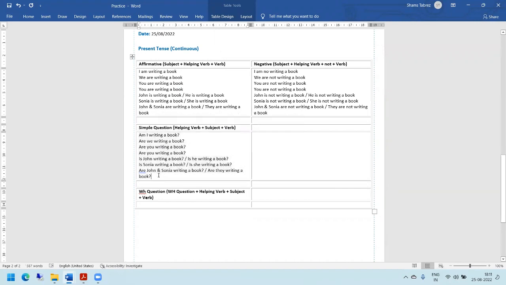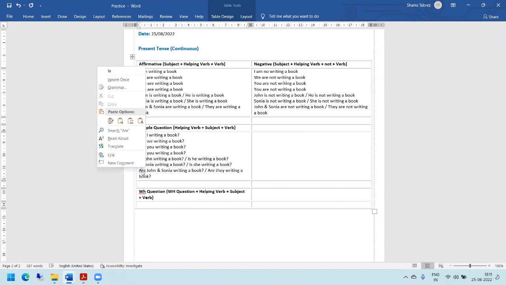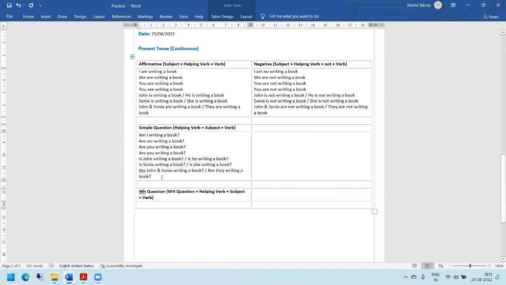And if I want to add not in it, what to do? If I want to add not in a simple question, where do I need to put this not? After the helping verb. So the helping verb is am. So here, am I writing a book? Am not.